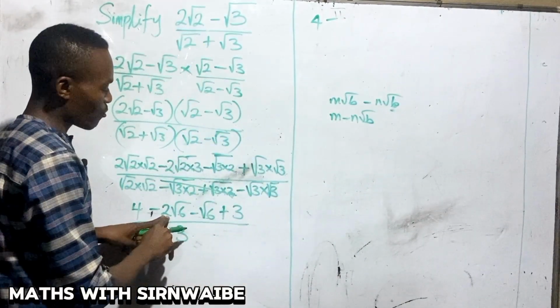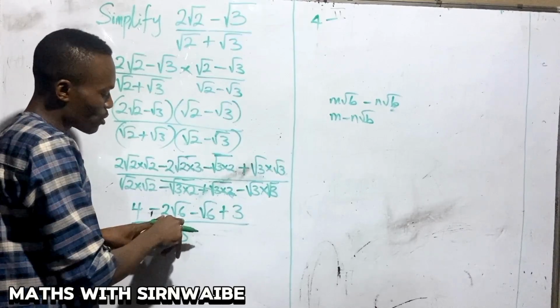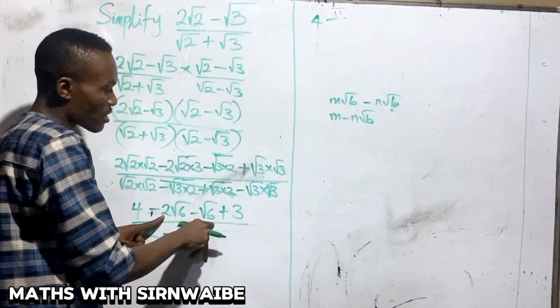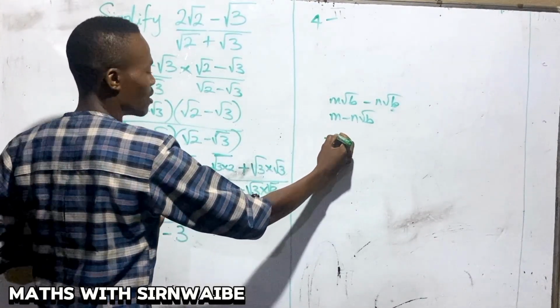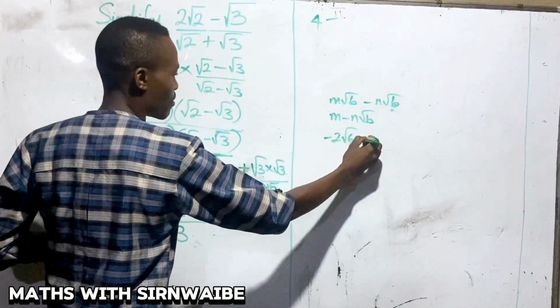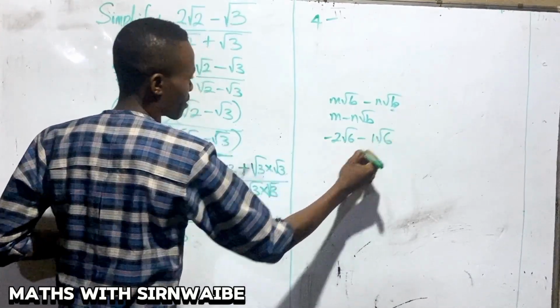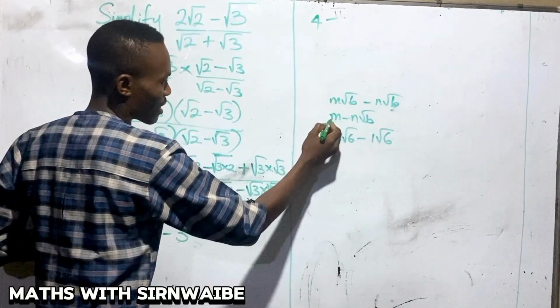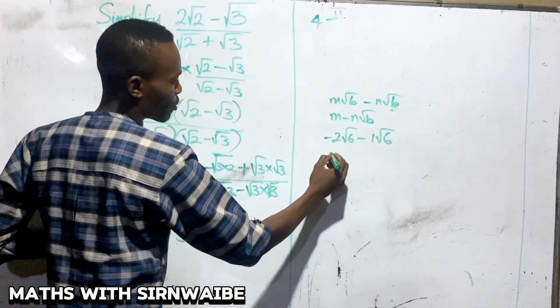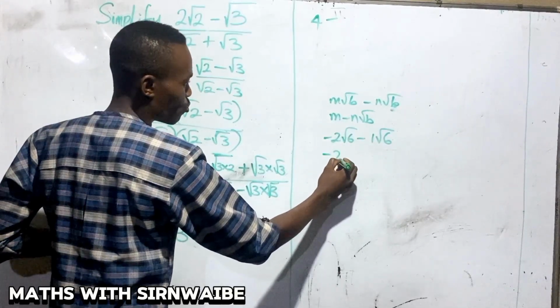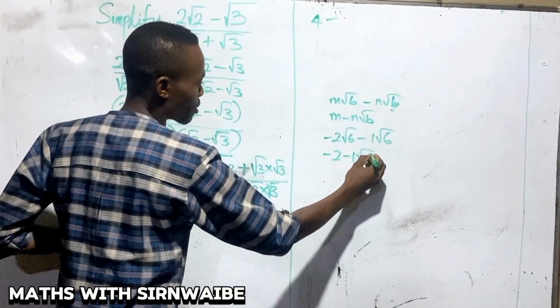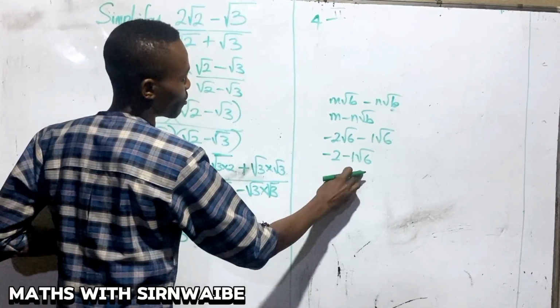Now, since we have 2√6 minus √6, let's put it like 2√6 minus 1√6. By these subtractive properties of surds, it will be (2 minus 1)... that will give us minus 3.